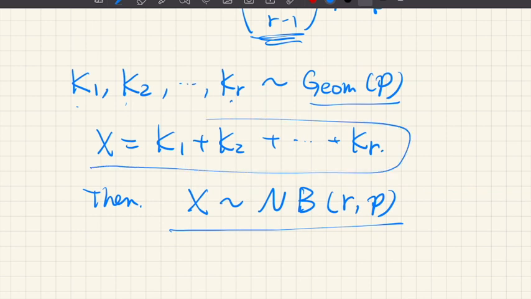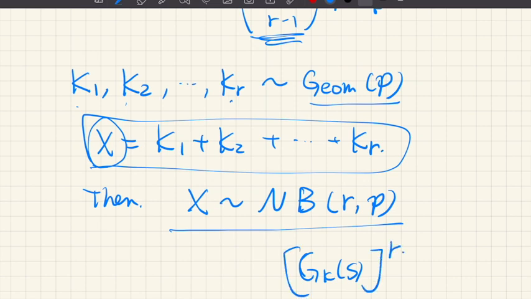From this definition, we can calculate the probability generating function for this random variable X. That will be just the geometric generating function G_K(s) to the power of r, because these K1, K2, ..., Kr are independent and identically distributed and follow the geometric distribution. So this G_K(s) is the probability generating function of the geometric distribution.